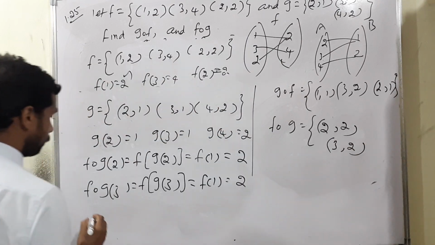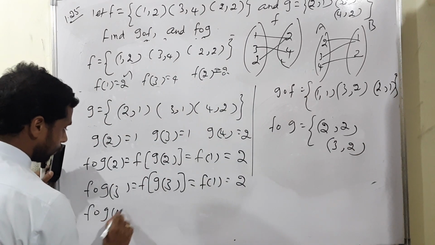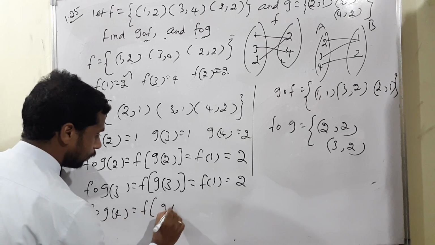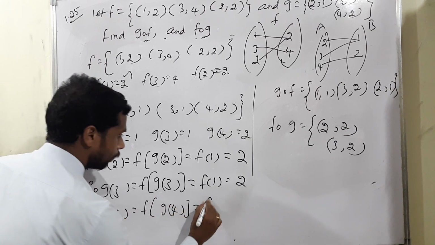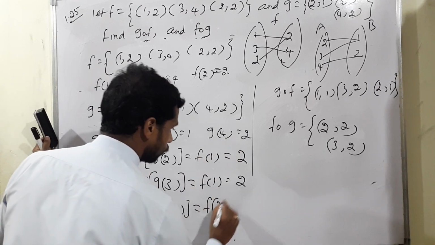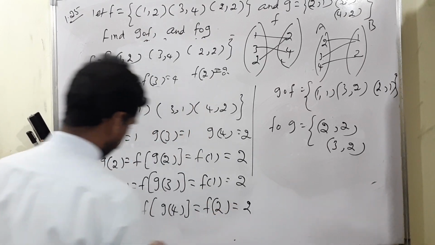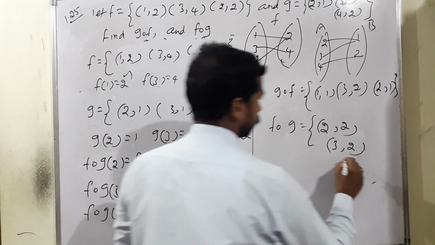The last pair, f∘g of 4. Again f of g of 4. g of 4 is equal to 2. Then what is the output of f of 2? 2. Therefore the final pair is 4 comma 2.